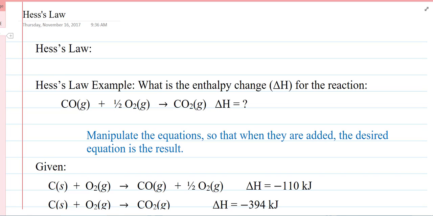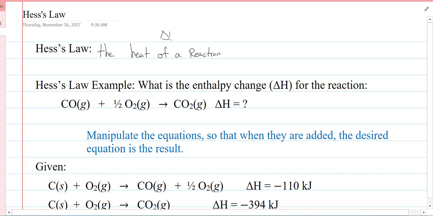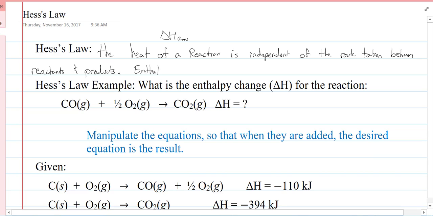Hess's law basically says the heat of a reaction, which is delta H reaction, is independent of the route taken between reactants and products. Enthalpy is a state function.